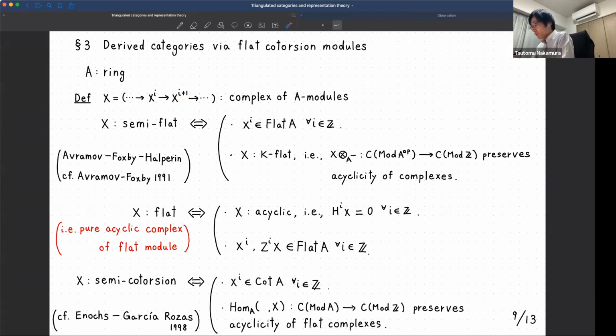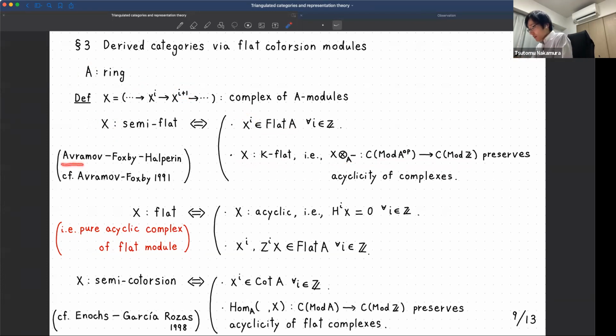And a complex X is called semi-flat if all components of X are flat, and X is K-flat in the sense of Spaltenstein, namely the tensor functor preserves acyclicity of complexes.